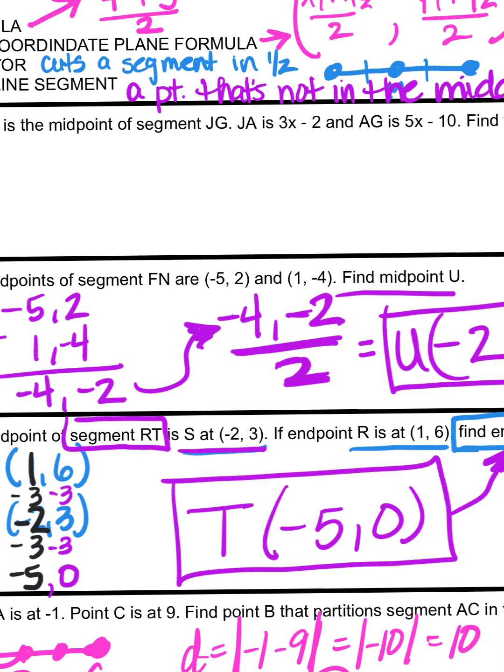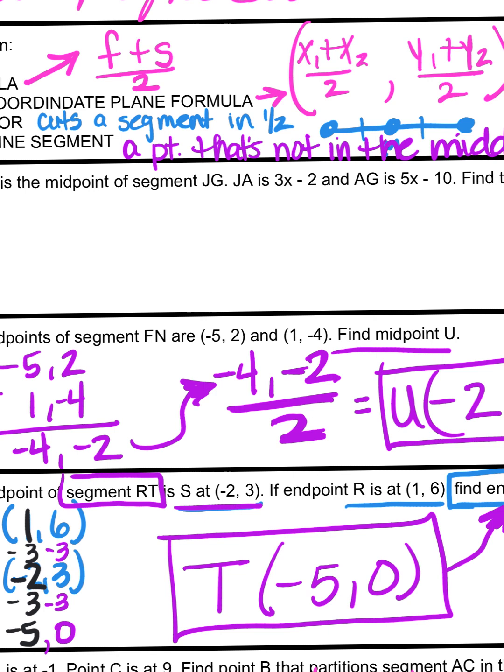All right, our last one here, it says A is the midpoint of segment JG. So if I have segment JG and A is the midpoint, I'm going to put the middle and I'm going to put my tick marks so that my eyes know I'm looking at two congruent pieces.